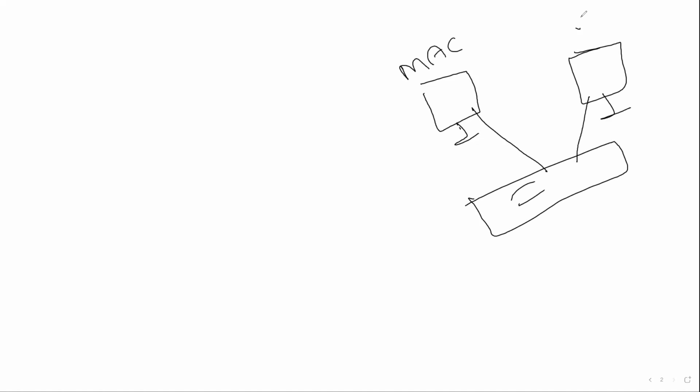Now you have two systems, PC1 connected to PC2 via a switch. The system must have a MAC and an IP. This is PC1, this is PC2, and you can say this is the from computer and this is the to computer.